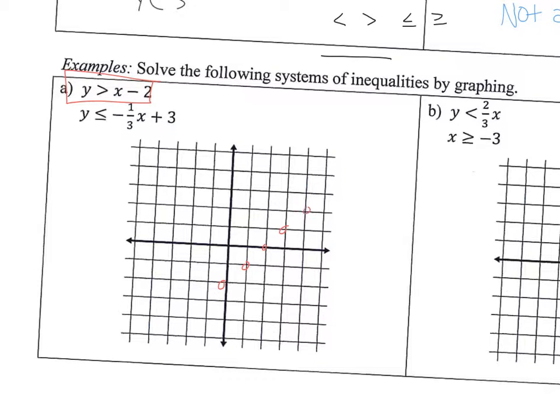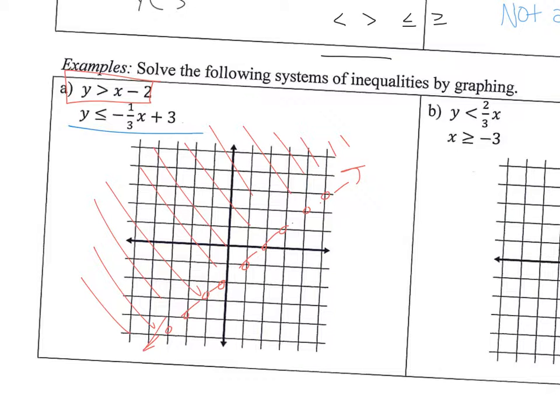It's going to be a dashed line, because it's not including the boundary. And it's greater than, so I'm going to shade above. Then for this one, I'm going to start at 3, change my color, and go down 3, right 1.